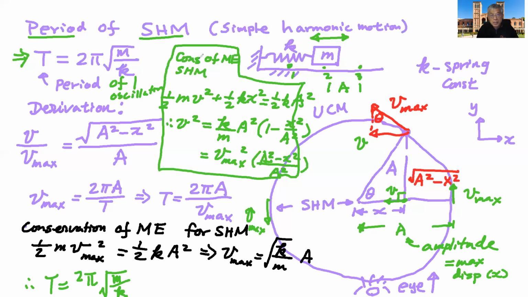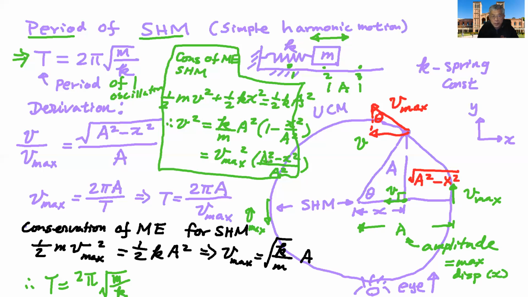Because in the conservation of mechanical energy for the SHM situation, we have the kinetic energy and the spring potential energy, and that is equal to the total energy when you are at the maximum displacement, which is A. They are equal. If you rearrange this equation and solve for V, you just go through algebra, and you find that V squared is equal to V max squared times A squared minus X squared divided by A squared.